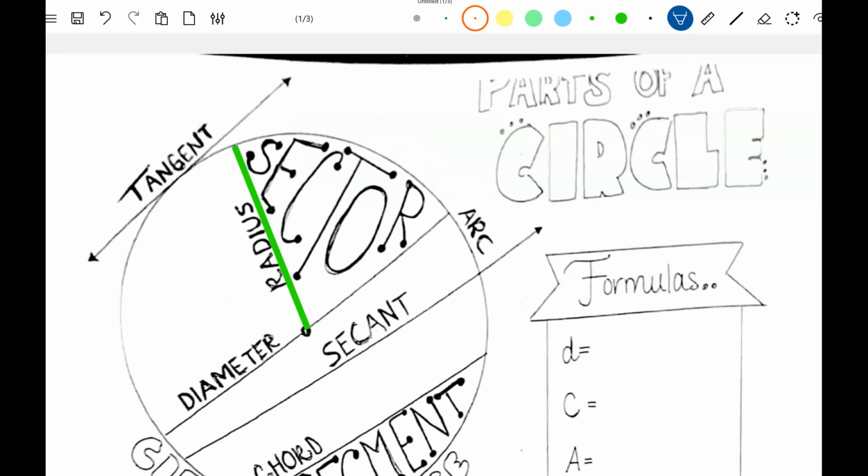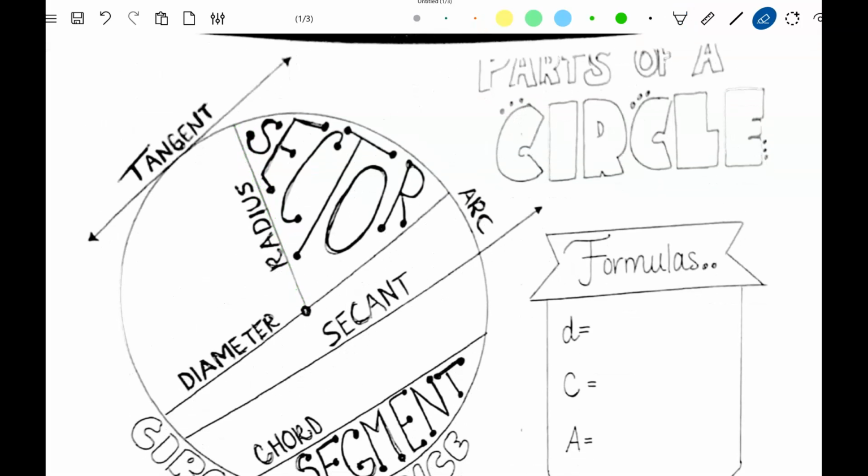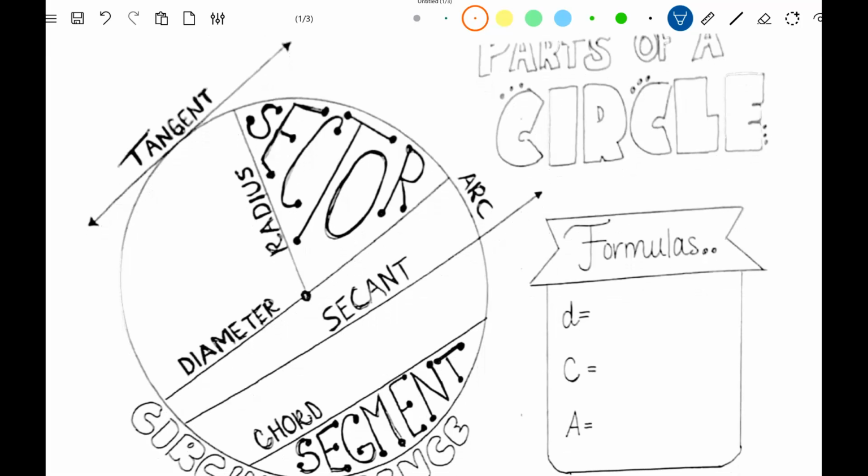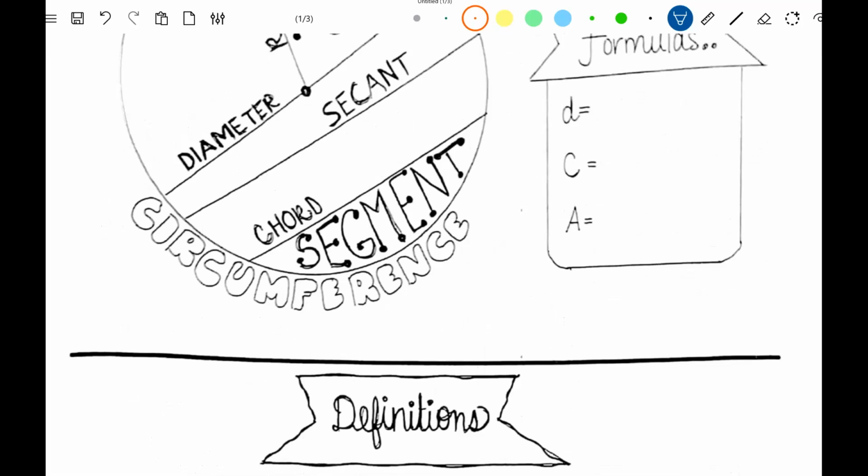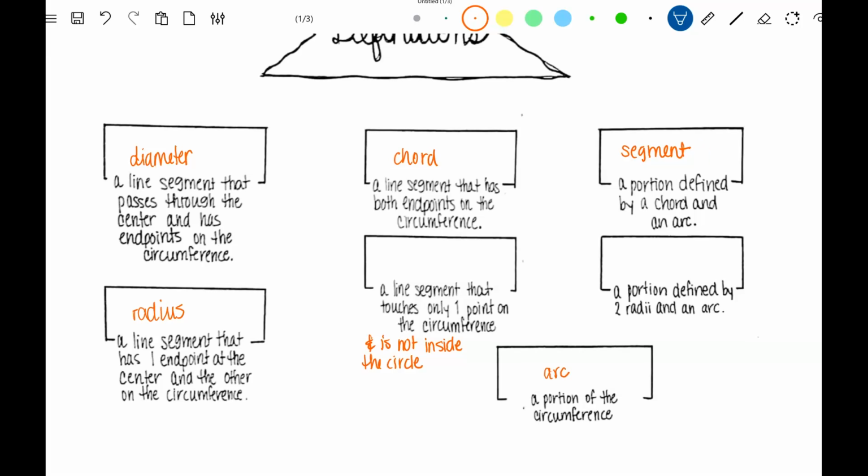So a line segment, line, or ray that only touches a circle one time and is outside the circle is called a tangent. Now I know it looks like it touches all the way there, but it actually only touches one time. But because of the width of our pens and pencils, you can't narrow it down to just one point. But a line segment that touches only one point on the circle is a tangent.